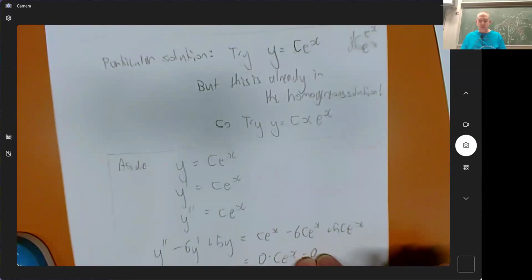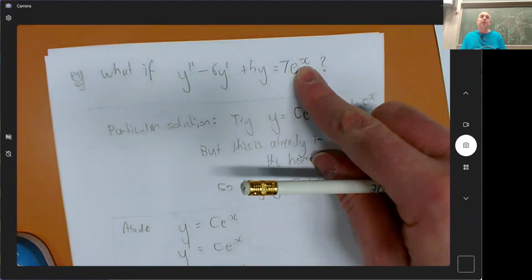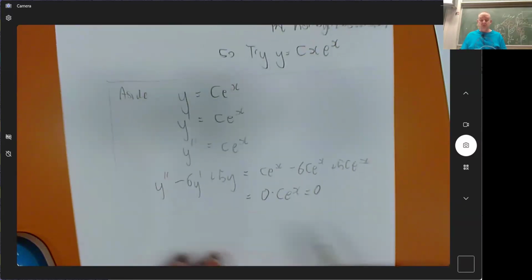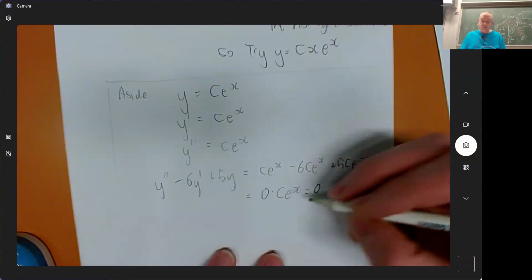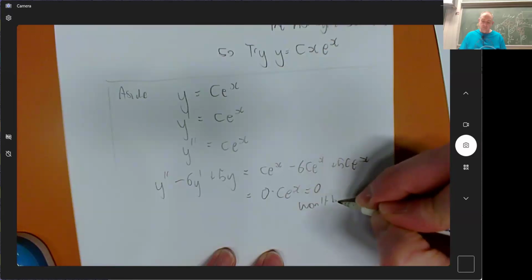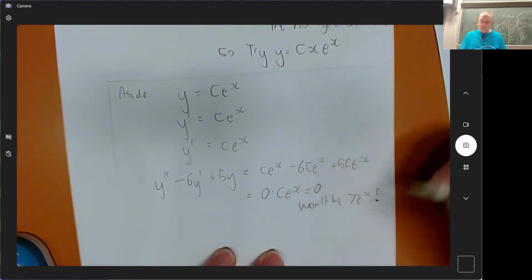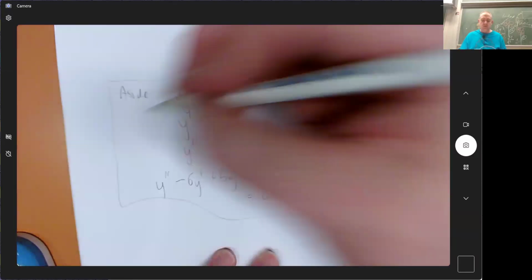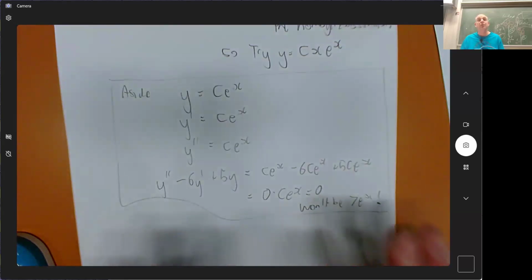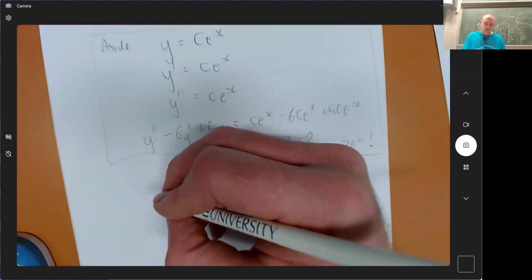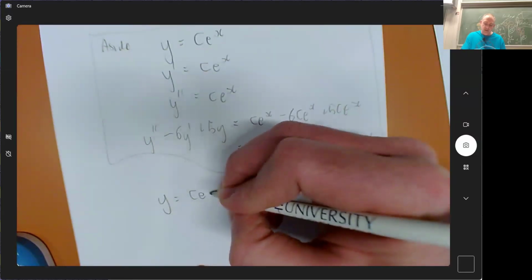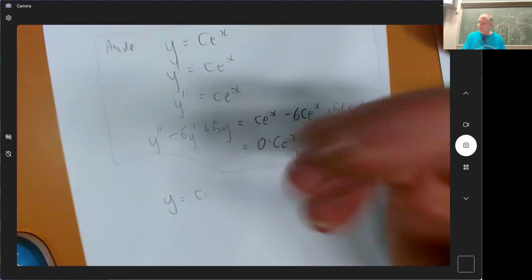And so it's never going to be 7e to the x the way I want it to, because it belonged to the homogeneous solution, and the homogeneous solution, when you put it through here, comes out to 0. It will never work. So you don't have to try that, but I just wanted to prove to you that it worked that way. Okay, so we're actually going to try that y is c x e to the x.